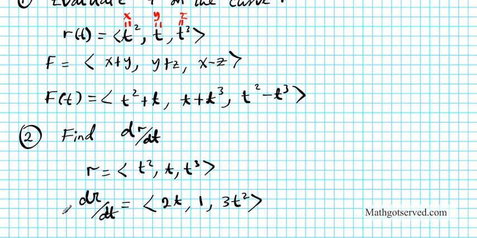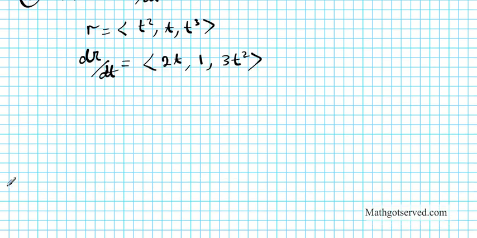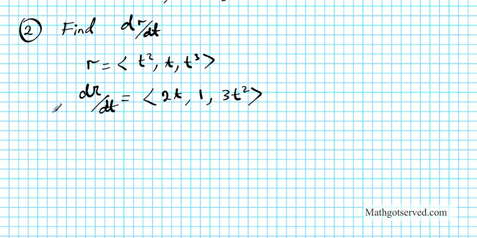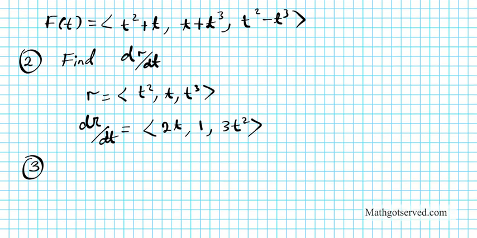Now that we have the derivative of our position vector, we're going to find the dot product before we evaluate the line integral. So we're going to find the dot product of f evaluated along the position function with the instantaneous rate of change of position, the dr/dt.